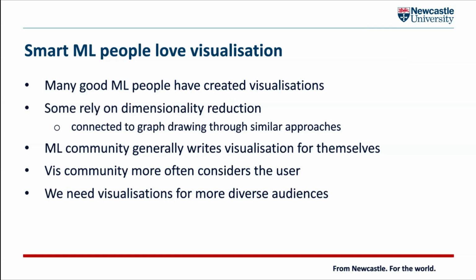But one of the things that distinguishes visualization and graph drawing people to some degree from machine learning people in terms of visualization is the user communities. So quite frequently, I would say the machine learning people are interested in model optimization for their visualizations. So a very particular audience, where visualization people would be interested in more diverse audiences.